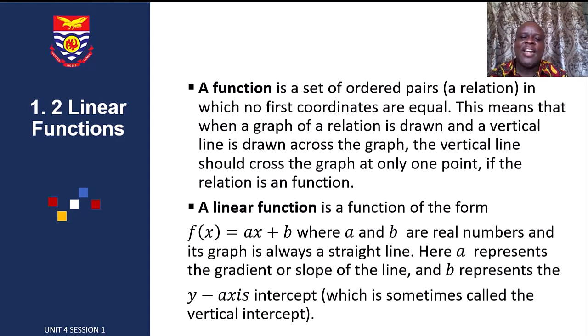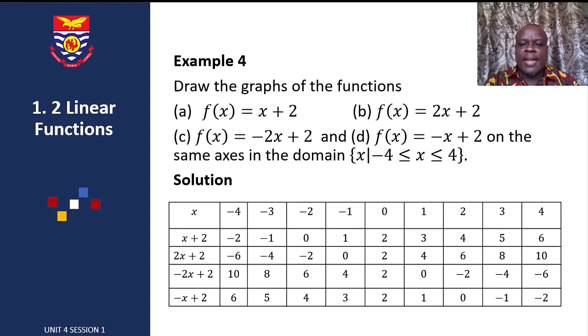If you study that function, f of x is equal to ax plus b, the a there represents the gradient of the line, while the b represents the y-intercept, what is sometimes called vertical intercept. We will look at how to draw graphs of some of the linear functions.